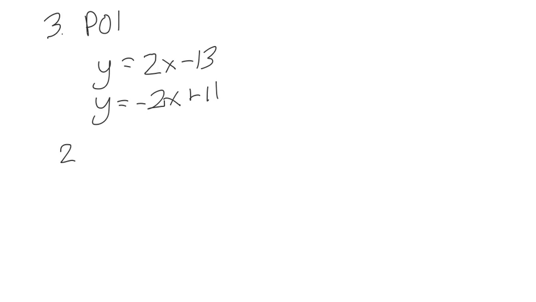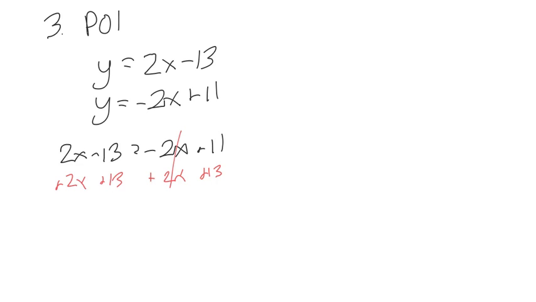So I have 2x minus 13 equals negative 2x plus 11. I'll get the x's all on one side by adding 2x here and adding 2x over here as well. And I'll get all the constants to the other side by adding 13 here and adding 13 here.